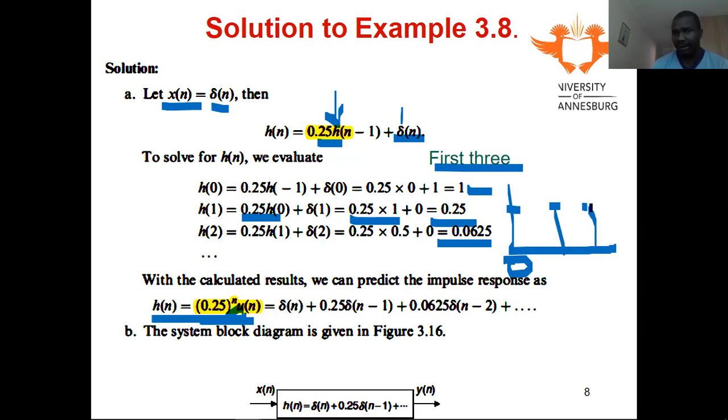But now we've got coefficients which are dropped. So it's like you are taking 0.25 and multiplying by 0.25 all the way, from which you start having a diminishing output.